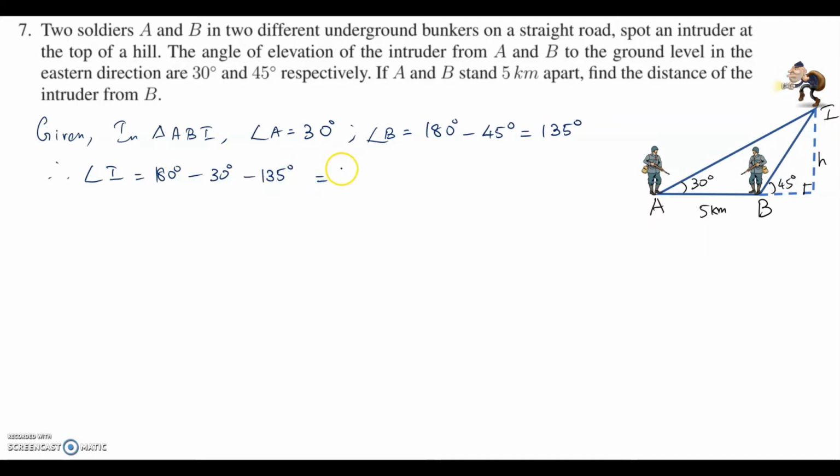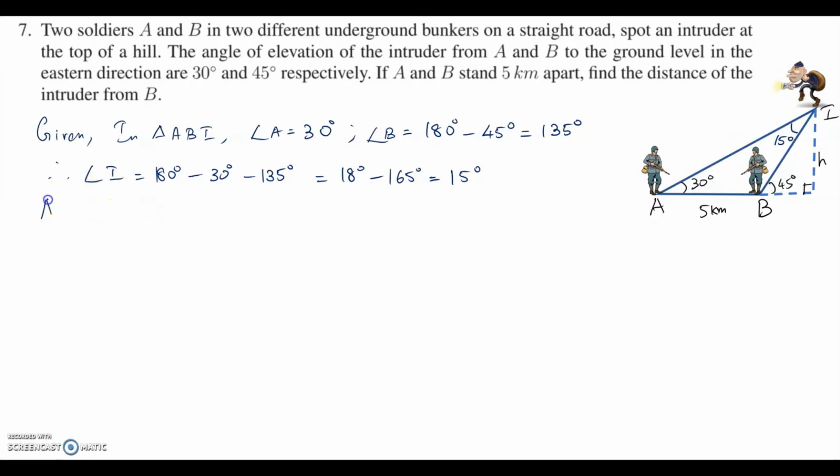So that is equal to 180 degrees minus 165 degrees, that is 15 degrees. So we have now found that our angle I is 15 degrees. Now to solve, let's use the sine law.